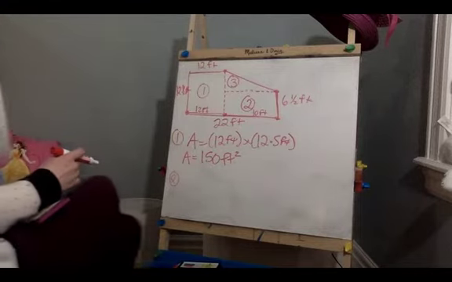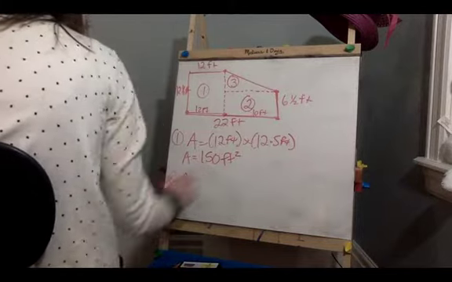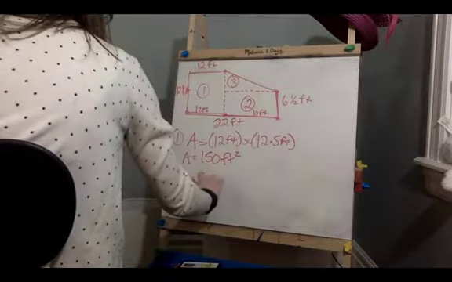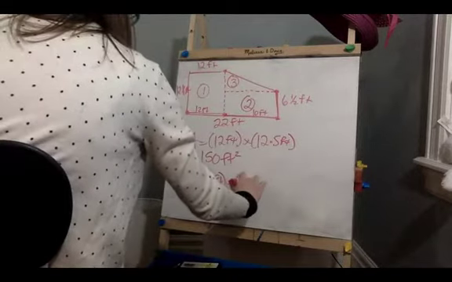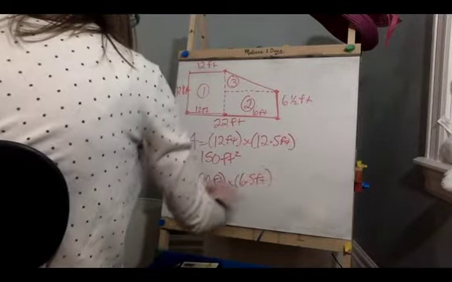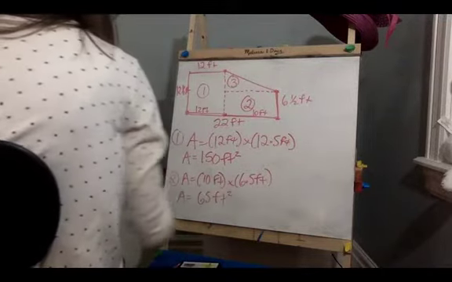Right, because 22 minus 12 would be 10. So for area number 2, again, it's a rectangle where the base is now 10 feet, and the height is 6 1/2 feet, or 6.5 feet. And when you do that, you get an answer of 65 feet squared.